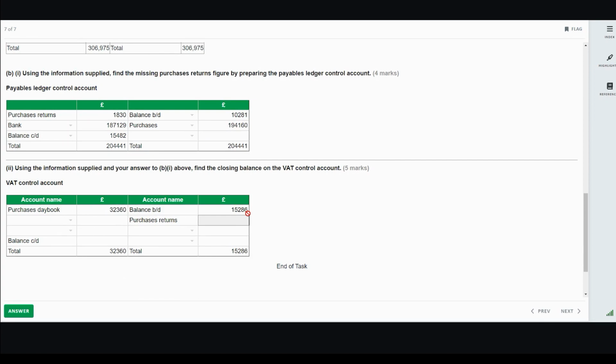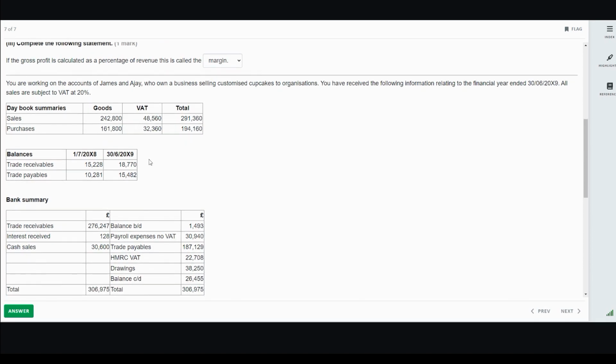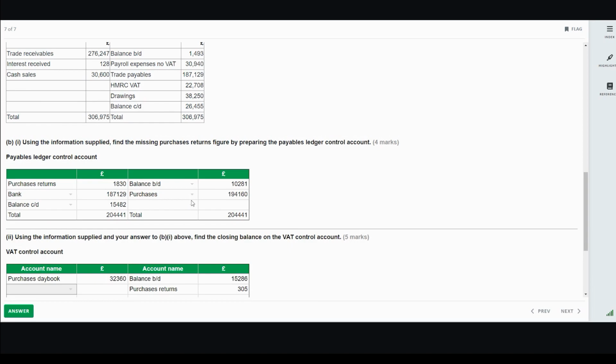The purchase returns of 1830 include VAT, so divide that by 6 and you get 305. Then what else have we got? We've got sales VAT of 48560.